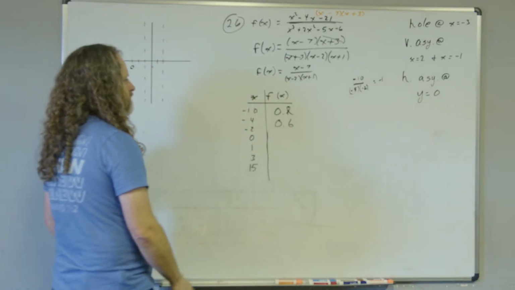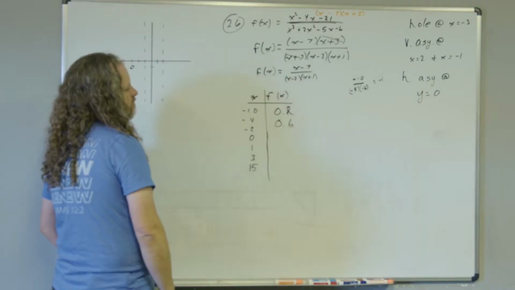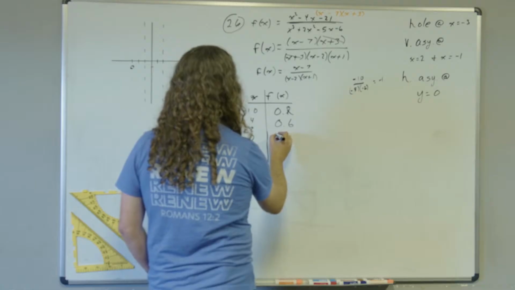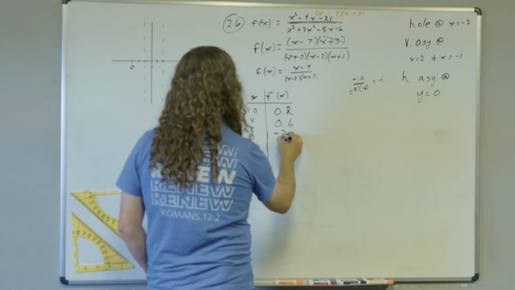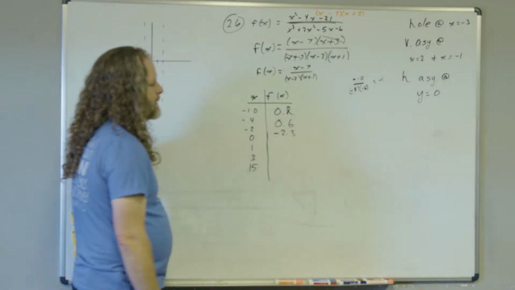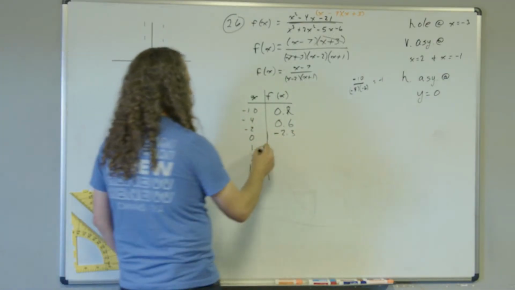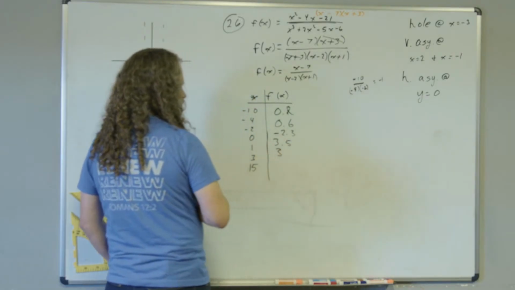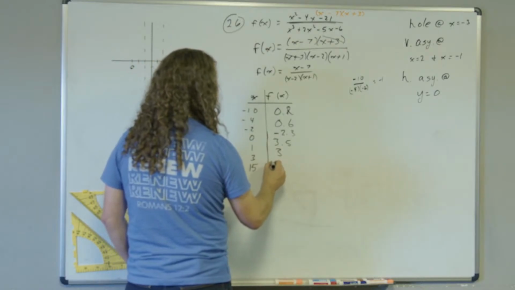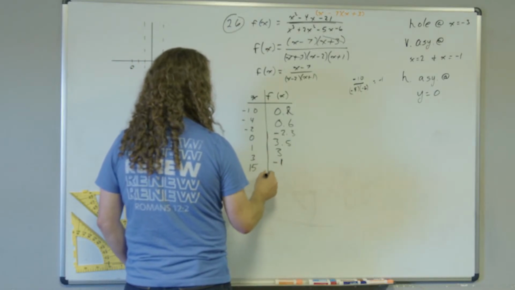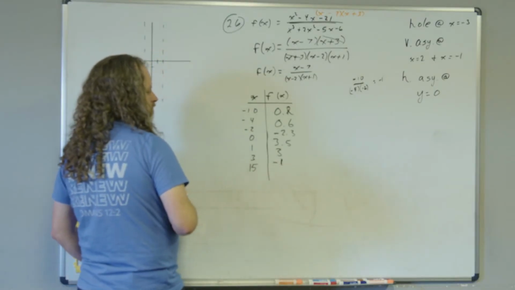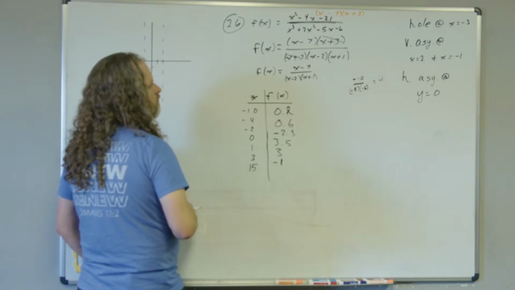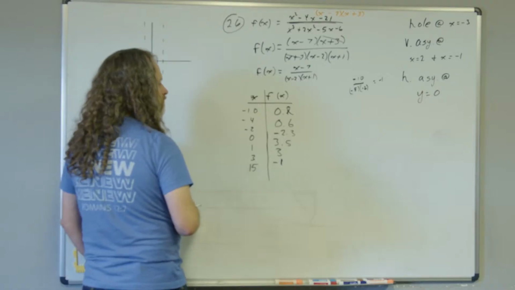Negative 2 is negative 2.25. 0 is 3.5. 1 is 3. 3 is negative 1. 15 is 0.04. Really small.